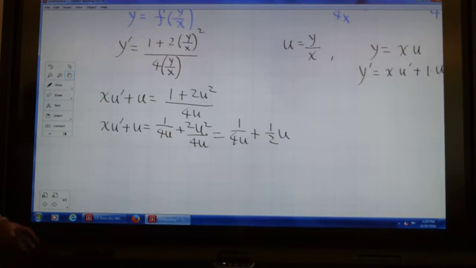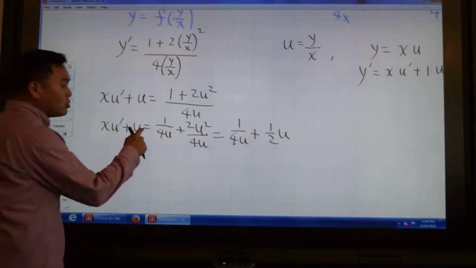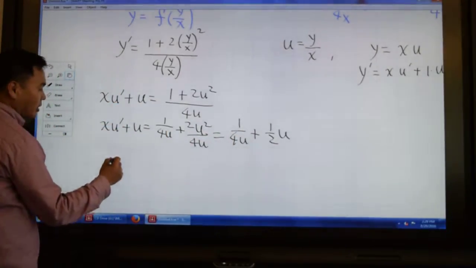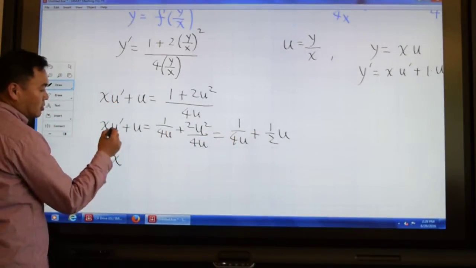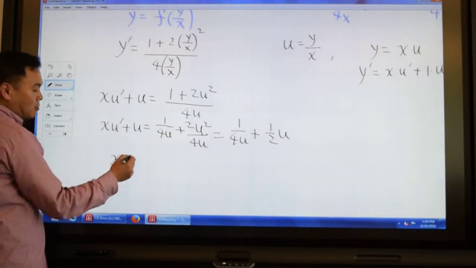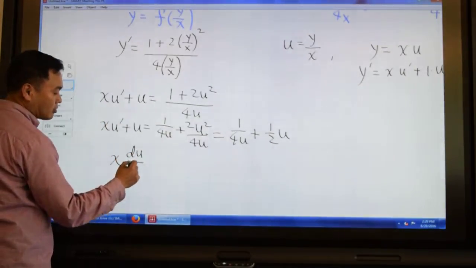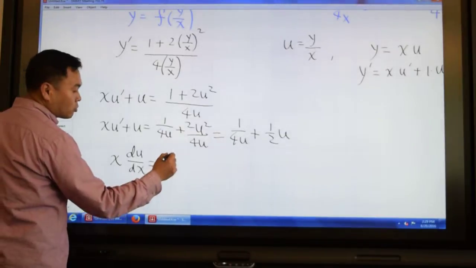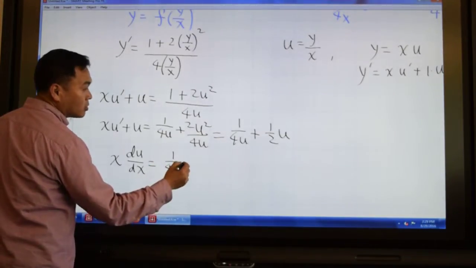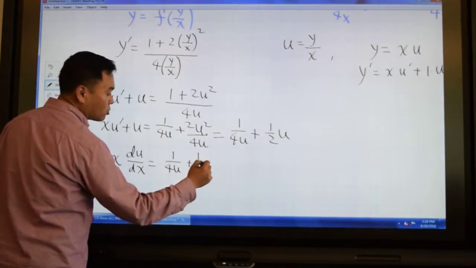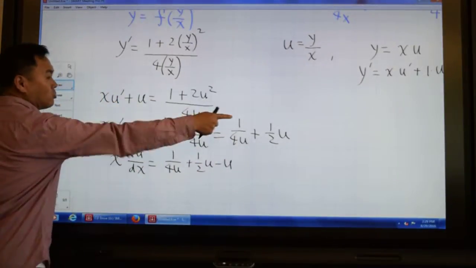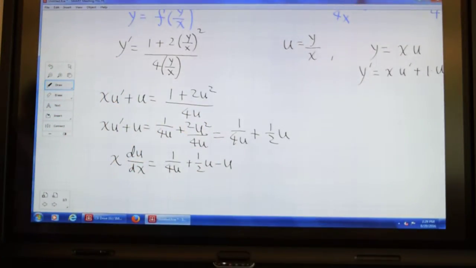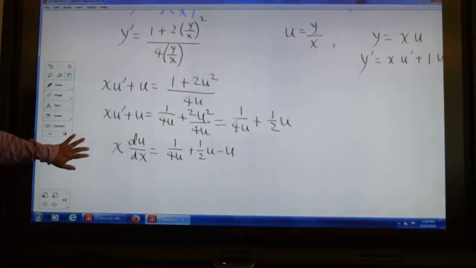So we're almost there, bear with me. You move this u to the other side, so you get x times, I'm going to rewrite u prime as du/dx, equal to 1 over 4u plus 1/2 u minus u. So I moved the u to the other side and wrote u prime as du over dx.